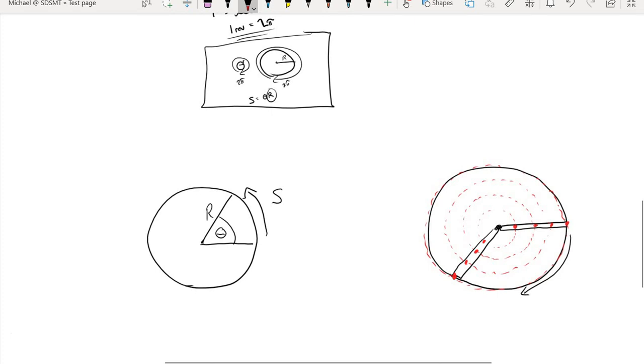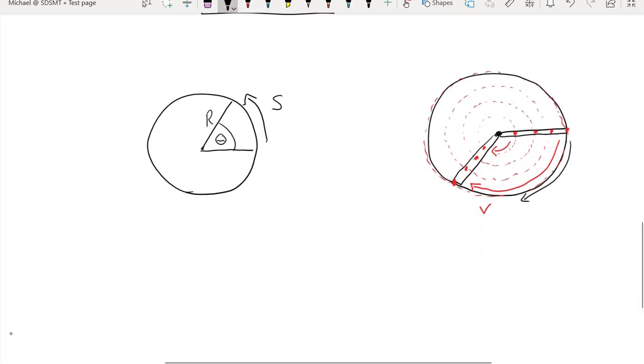Well, how can that possibly happen? The only way that that can happen is if the points on the outer radius are moving at a physical velocity that is faster than the points that are closer in. And this relates directly back to the idea of our arc length.